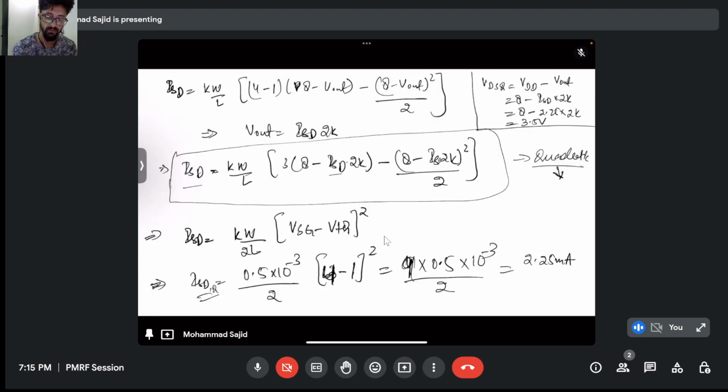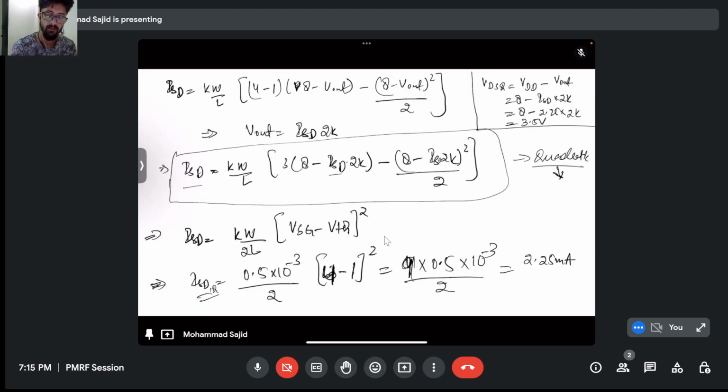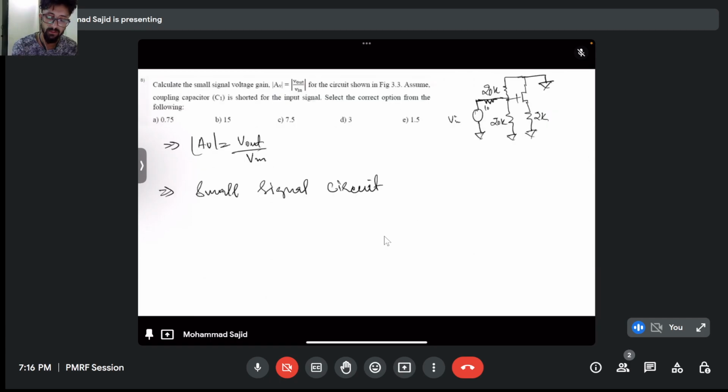There was nothing in series. Now there is a 10K resistor in series. We have to find V output by V in. Okay, this is a PMOS, right? So now just simply, this is your V in.